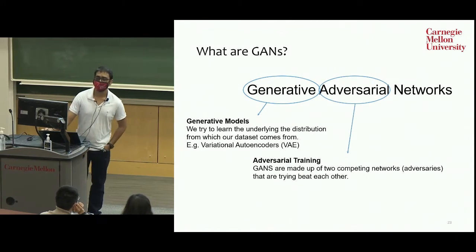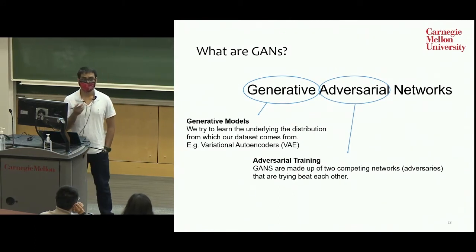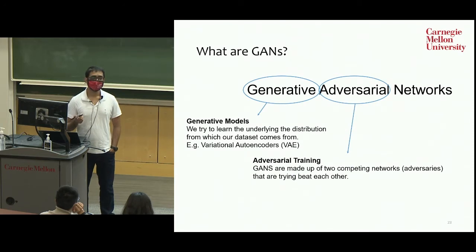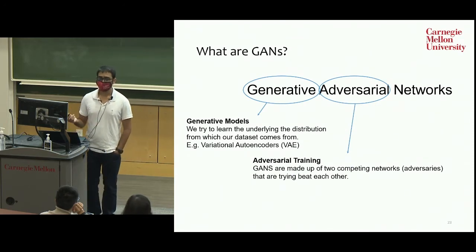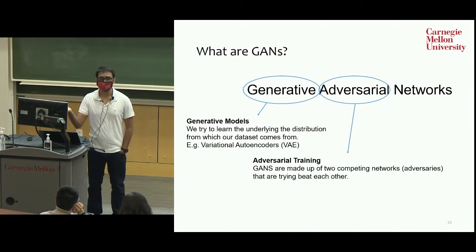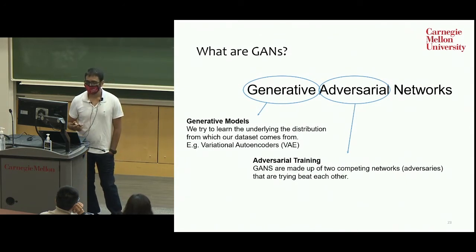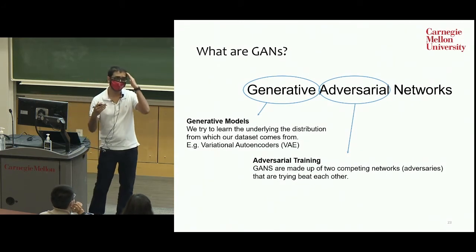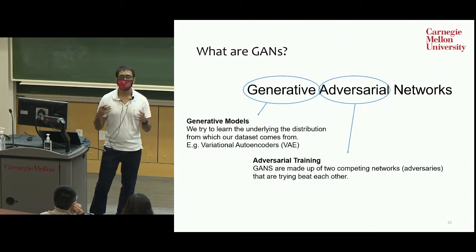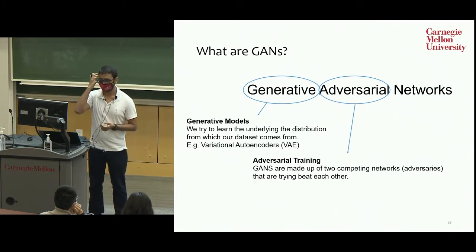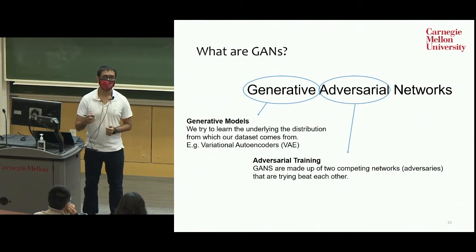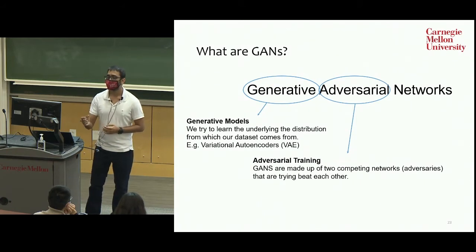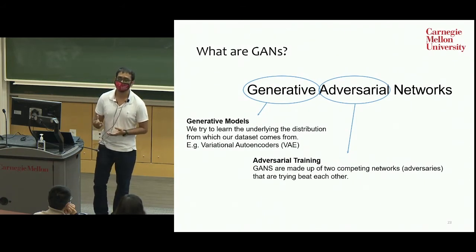So adversarial is because in GANs, you are trying to train two networks. One is the generator, and one is the discriminator. These two networks are trying to compete with each other, and they are learning from the loss of the other network.